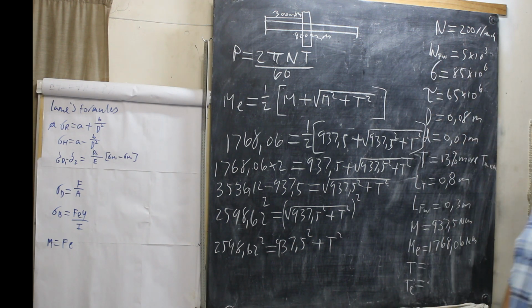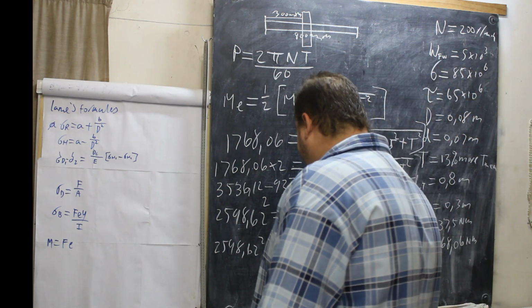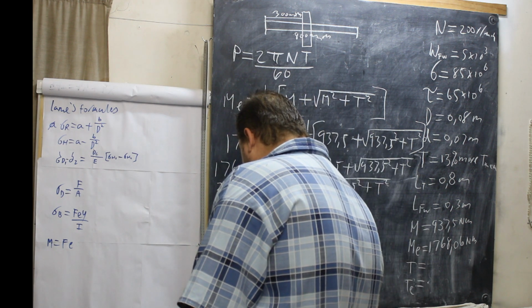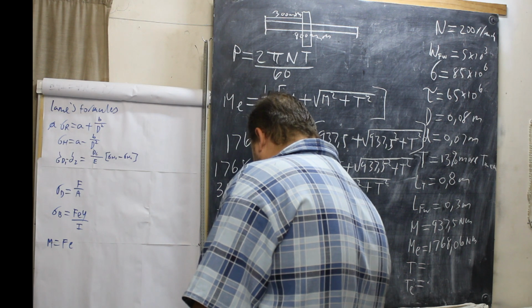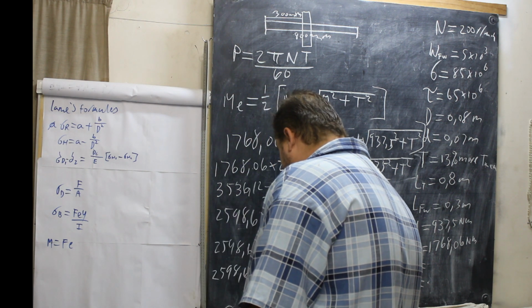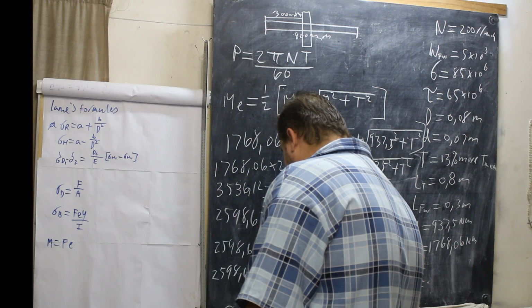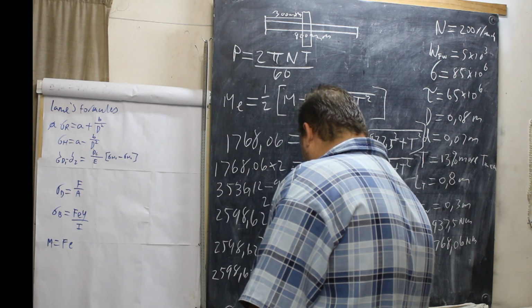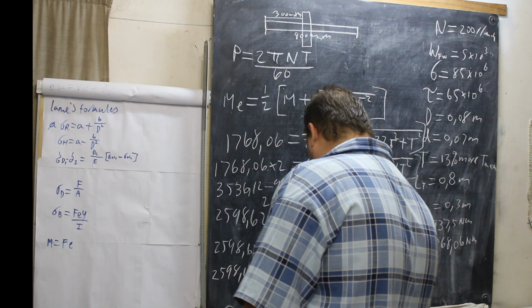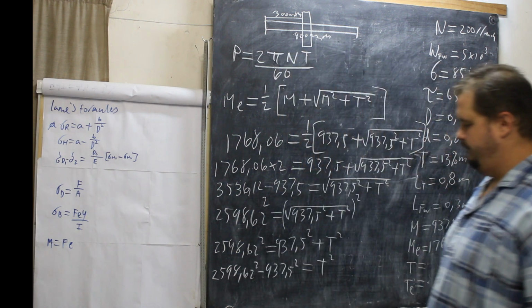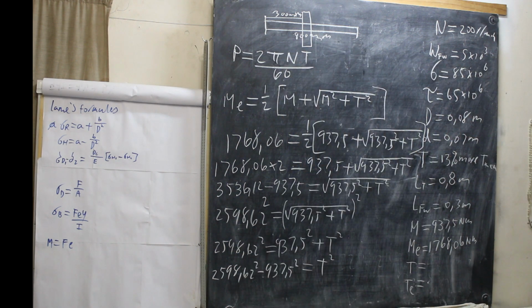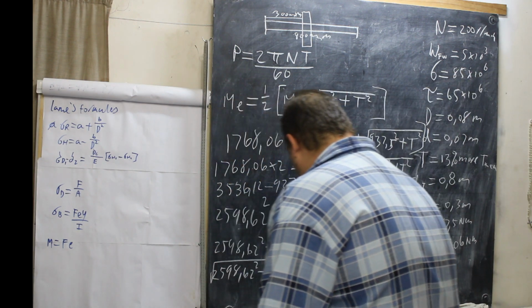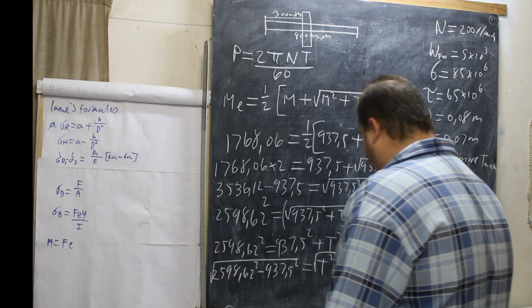Okay, now what we do next, we take 2598,62 squared minus 937,5 squared equals t squared. Now we root that and root this.